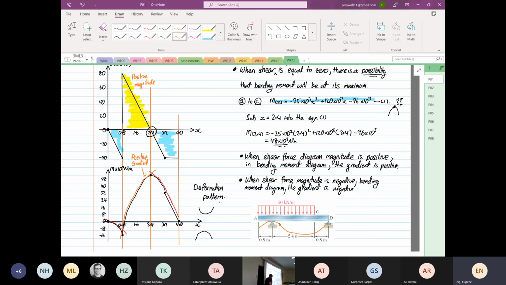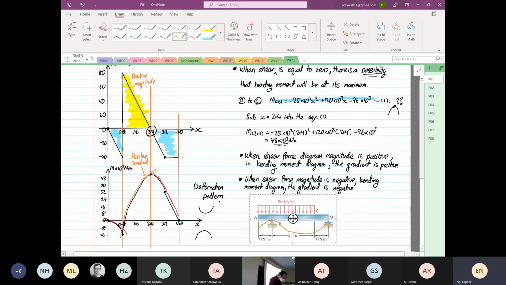Because from 0 to slightly over 0.8 you can see the gradient, then when it crosses over, down here is still sad face, then you have smiling face down here. So from the bending moment diagram, you can sketch the deformation pattern. It's logical, right? What else do I need to tell you about the shear force and bending moment diagram? Okay, for now, that's all.